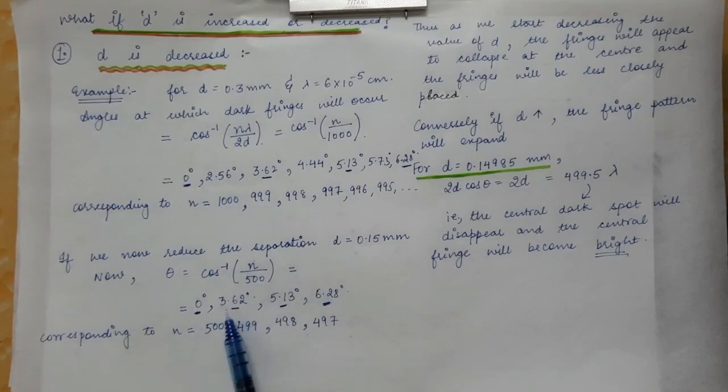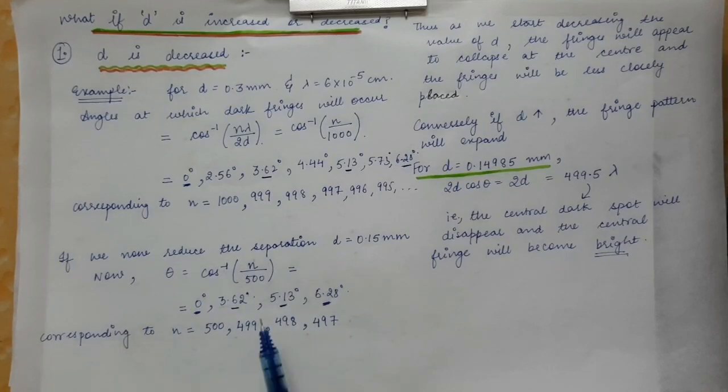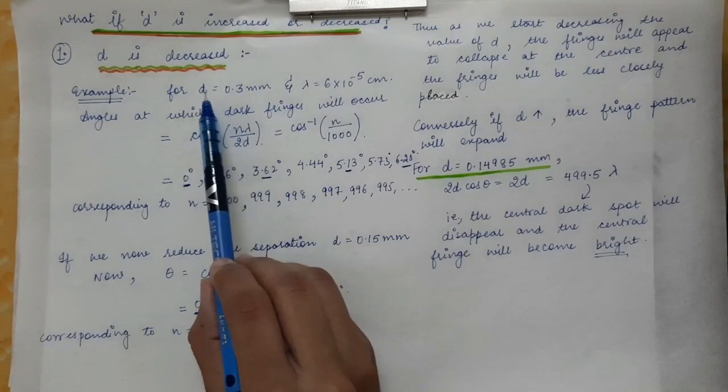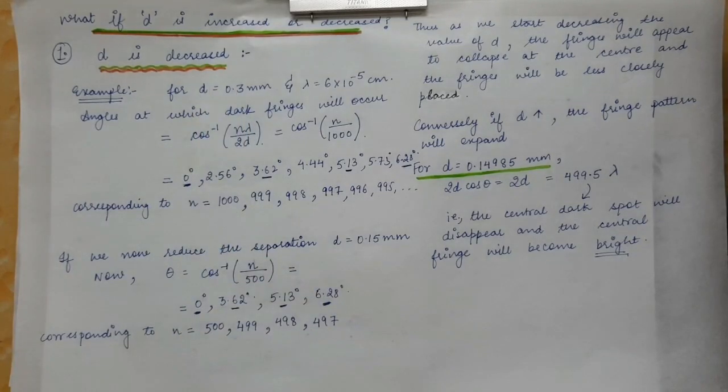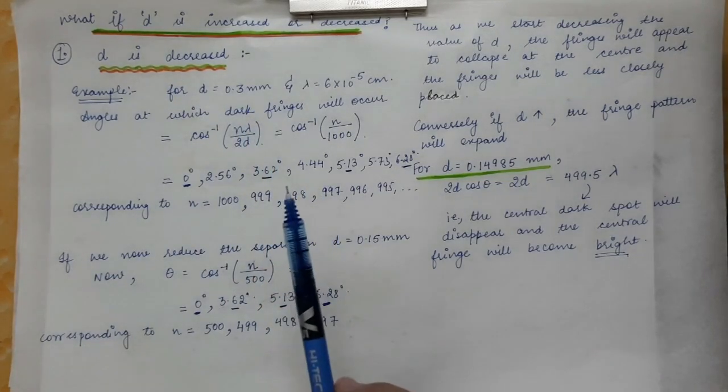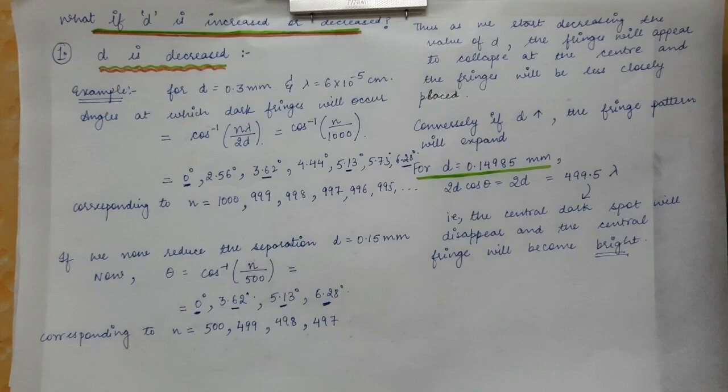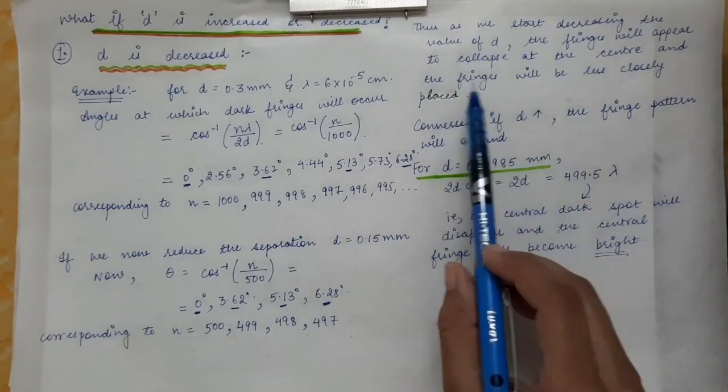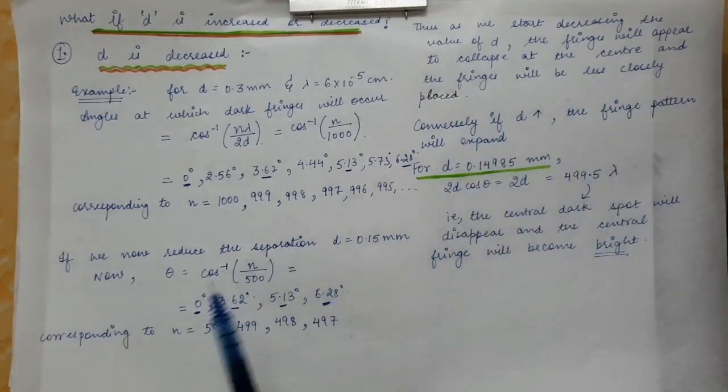Here we have a difference of 3.62. Means these fringes will not be closely placed as compared to the previous case where the distance between the mirrors was more. So as you decrease the distance between the mirrors, the fringes will collapse at the center and will be less closely placed.